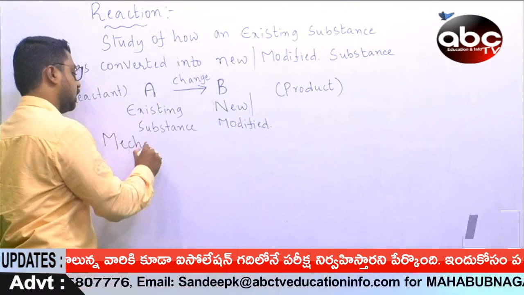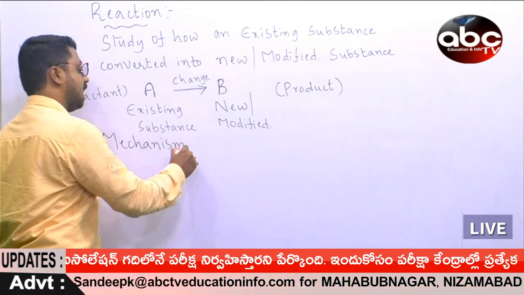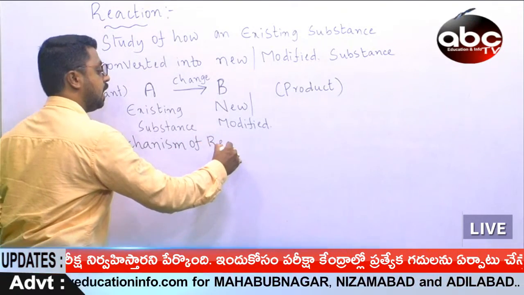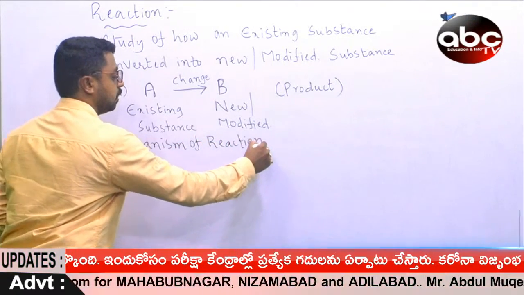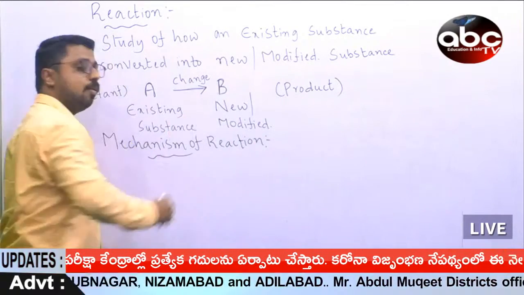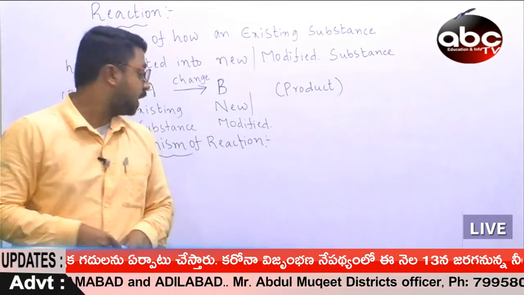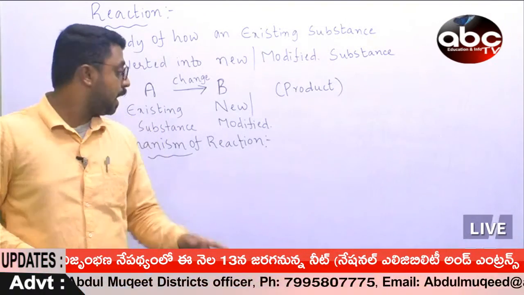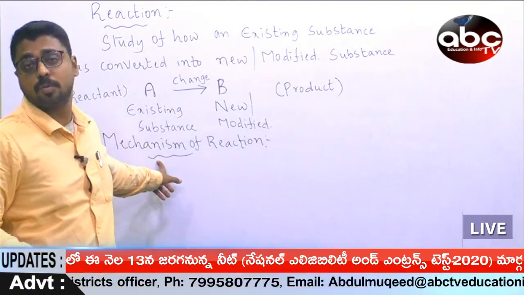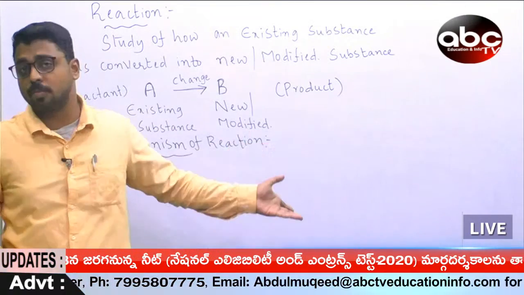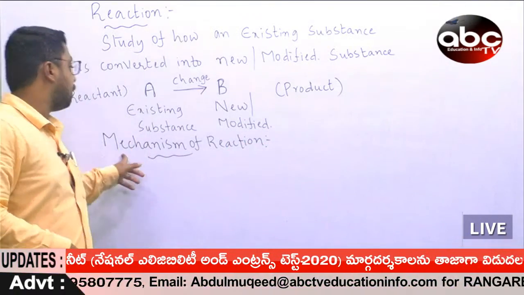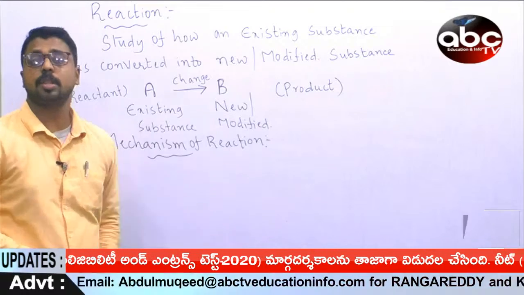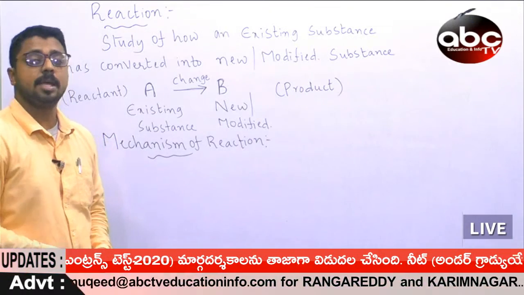This is called the mechanism of reaction. If you would like to study the mechanism of a reaction, it is very important. There is no way it can be ignored. So what is the mechanism of a reaction? Would you like to know that? Don't go anywhere. We will take it in the next class.